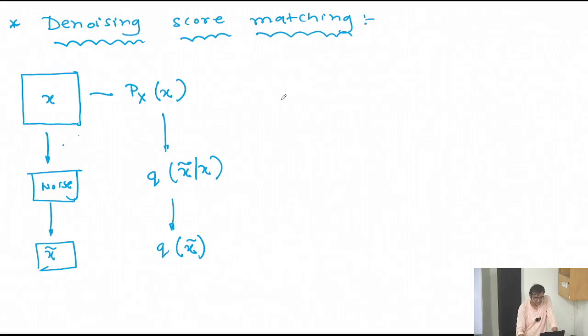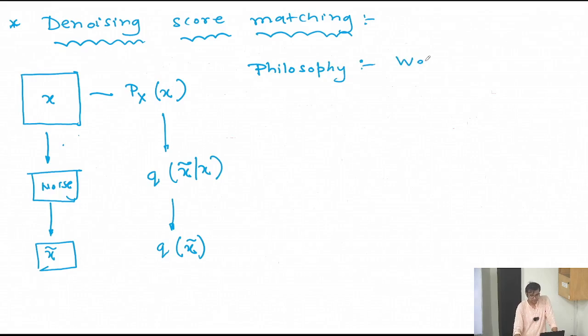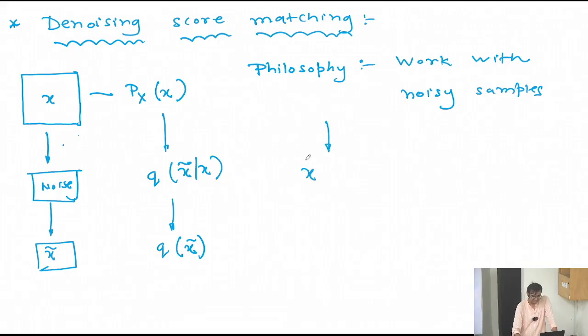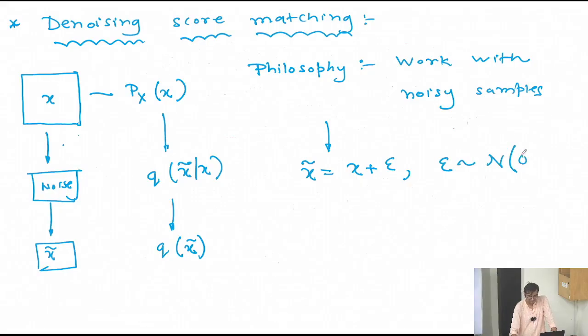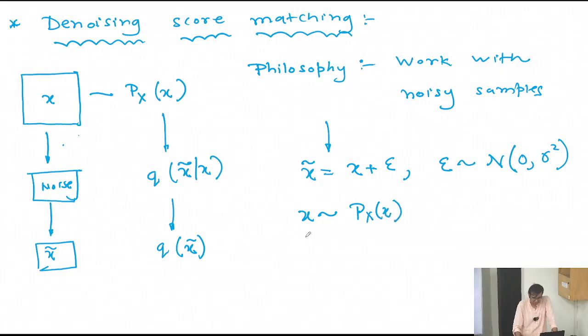Okay. So what we do, as I said, the philosophy is to work with noisy samples, which means mathematically X tilde is equal to X plus epsilon, where epsilon is from some Gaussian with mean 0 and variance sigma square, which is a small variance, a hyperparameter, and where X is a sample from P of X. You can write P data of X, it does not matter.